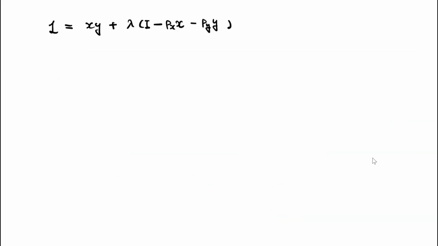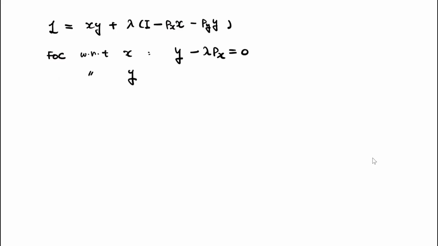And you calculate the first order conditions. With respect to x, it generates y minus lambda px equal to 0.